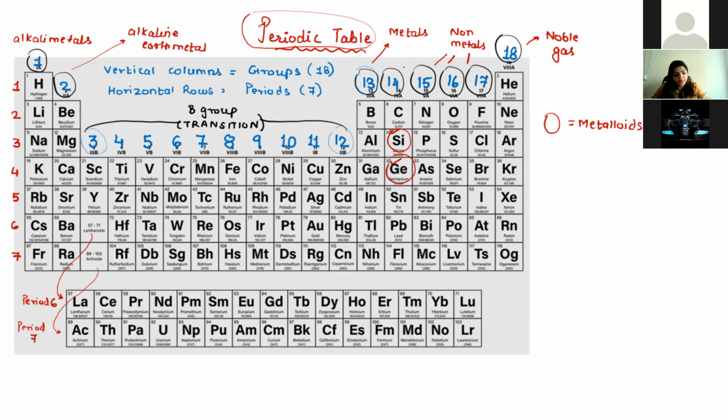We can write non-metals, metalloids. Actually, group 14 is a unique thing. Normally they form covalent bonding.